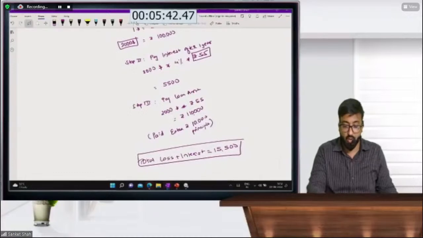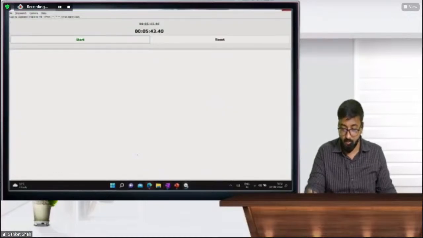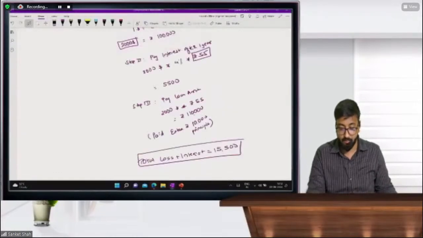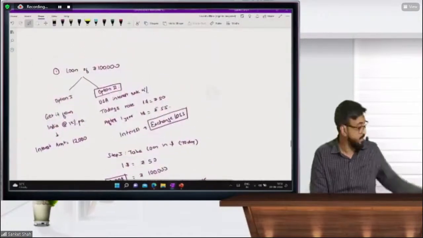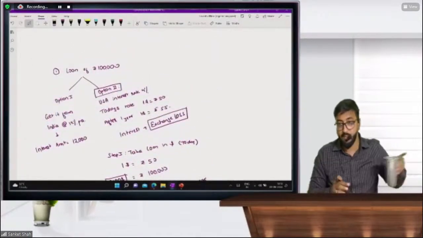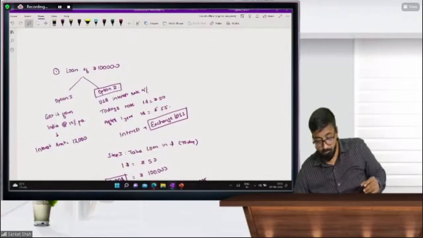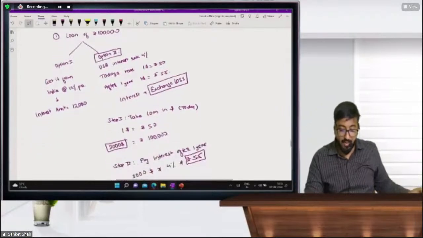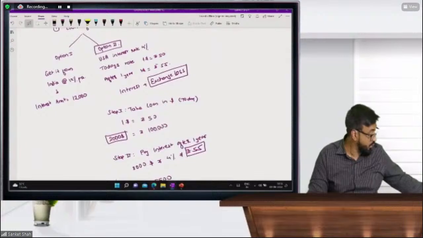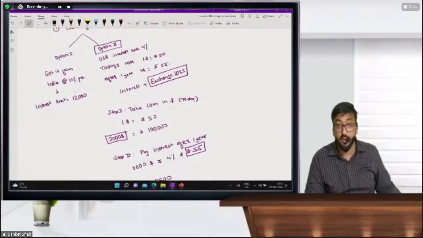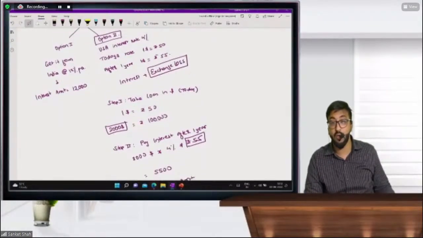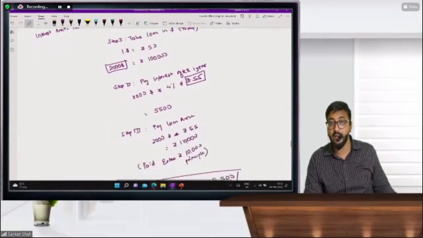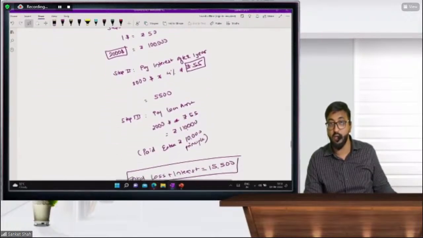Now, you got the concept? See the answer part. You will get the loan in dollars, beta. But how many dollars do you have to convert? You will take $2,000 and get it converted into rupees 1 lakh. You will pay interest on dollars, so $2,000 into 4%.